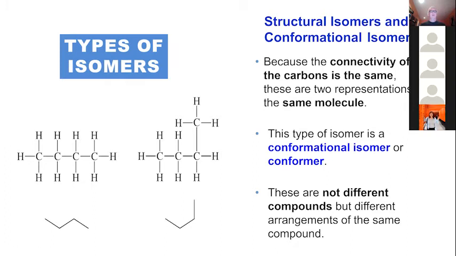of isomers. You could also have a conformational isomer. These would be a different shape, but the connectivity of the carbons is the same. So basically, there's 2 ways we can draw that molecule.